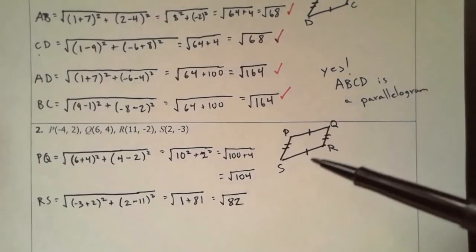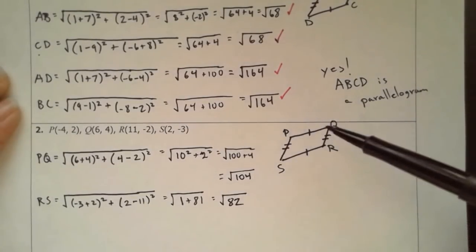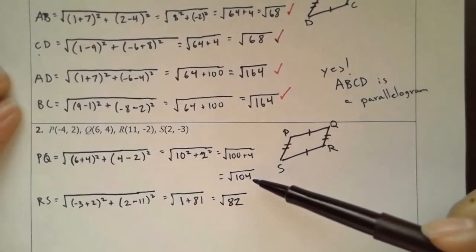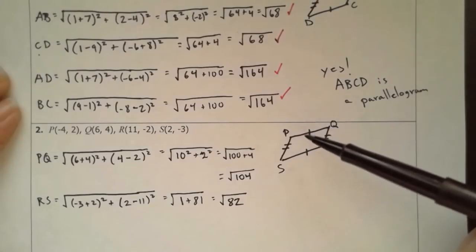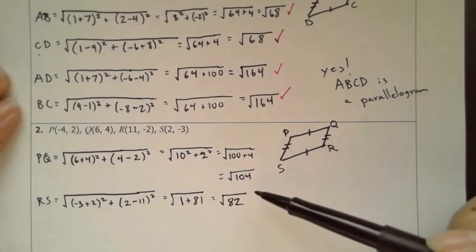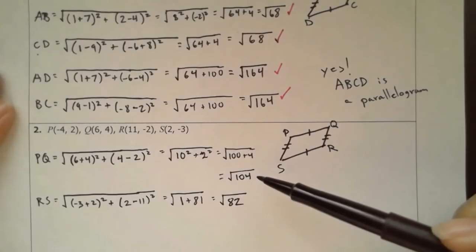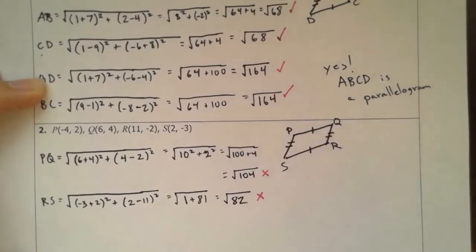So we run into a problem here now. PQ is square root of 104, and in properties of parallelograms they tell us that the opposite sides need to be equal, and we just showed that RS is square root of 82. These should be equal if you have a parallelogram, and they're not. They are not equal.